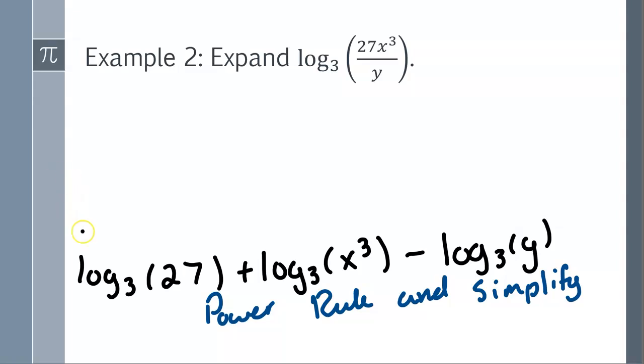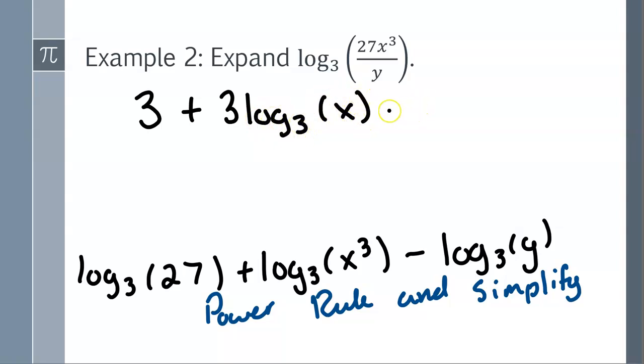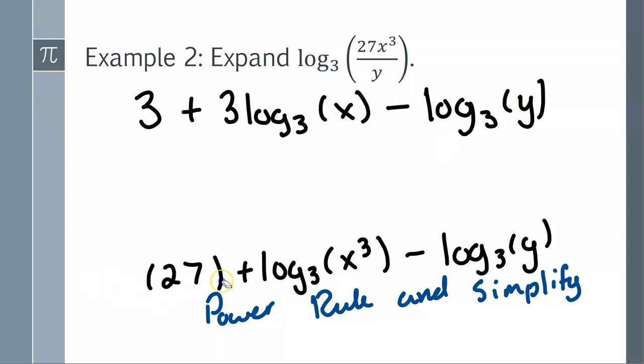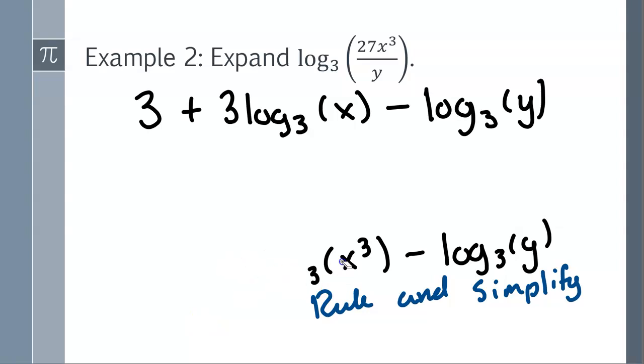With this simplification, log base 3 of 27 is going to be 3 plus 3 log base 3 of x minus log base 3 of y. Now that should be the final answer for our expansion.